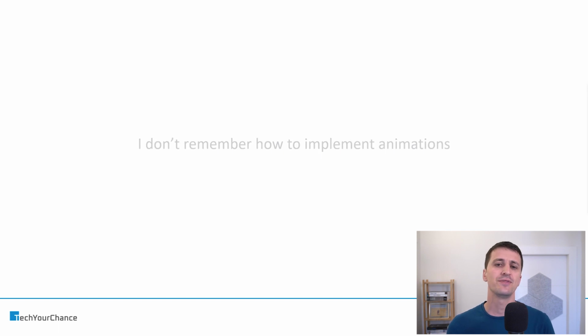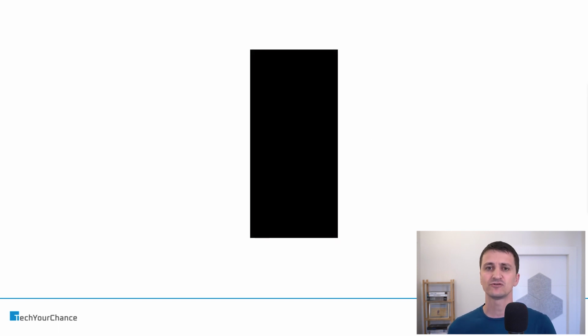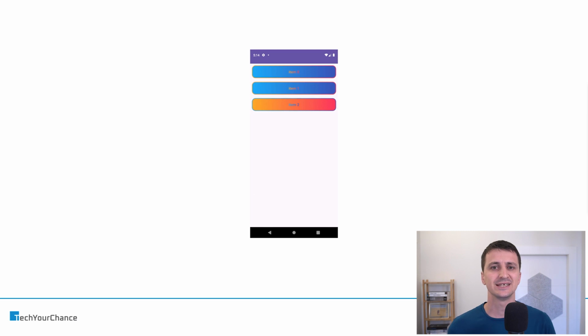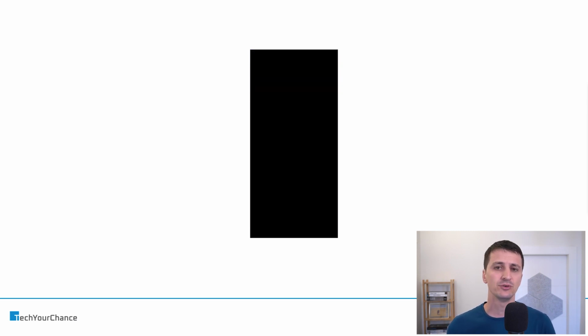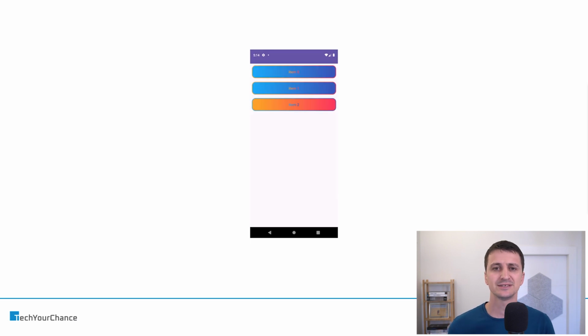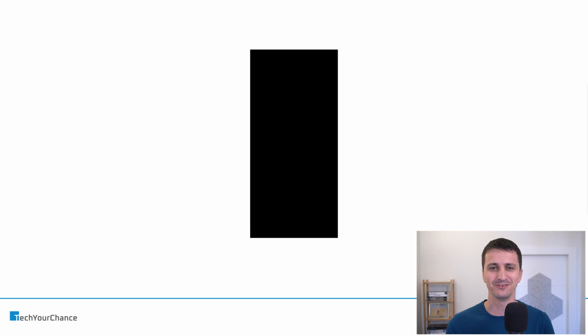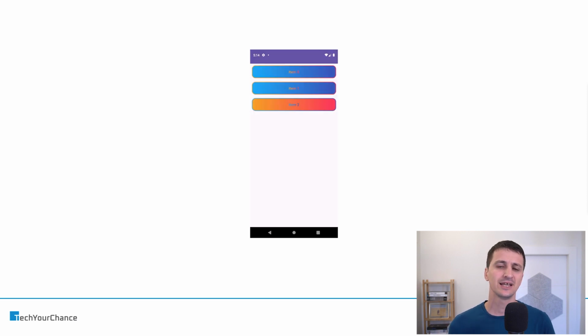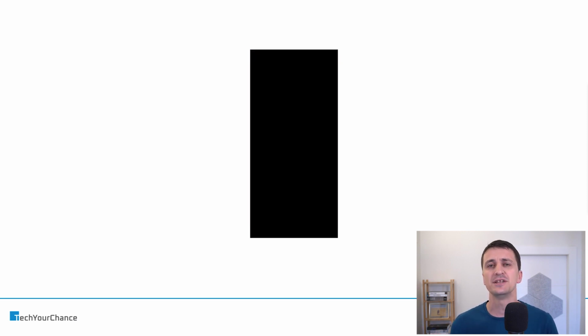So the first animation that we're going to implement is actually relatively straightforward, and I'm even surprised that someone gave it to me as an example, because this will be relatively simple for me to implement. So we have these 3 buttons, and I will just do one button because it doesn't really matter how many of them are there on the screen. We have a button that has 2 states. The states are basically different colors.